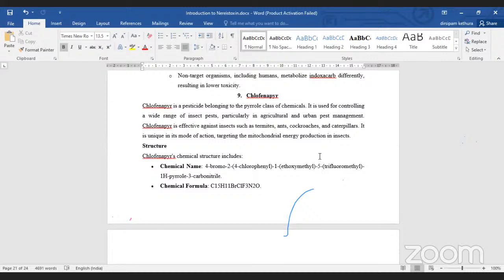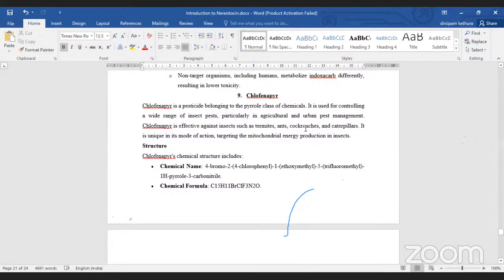It was isolated from the bacterium Streptomyces, and it shows antibacterial activity and insecticidal activity along with antifungal activity. It is effective against insects, termites, and cockroaches, etc.